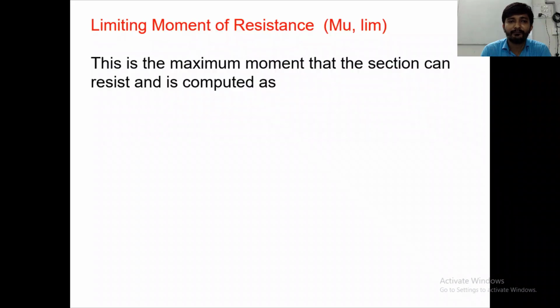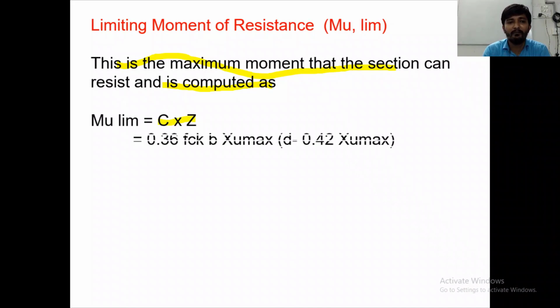Now next is the limiting moment of resistance. MU limiting also we need to calculate, right? This is the maximum bending moment that a section can resist, and it is computed as MU limiting equal to C into Z, compression force multiplied by lever arm. So 0.36 FCK B into XU max multiplied by D minus 0.42 XU max.